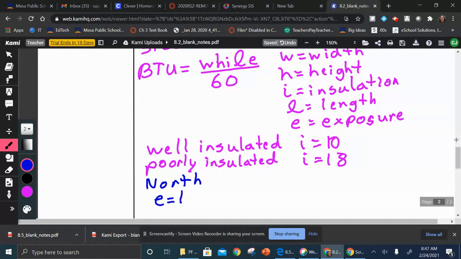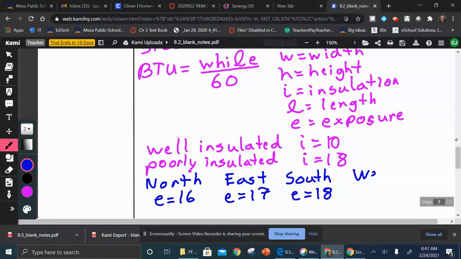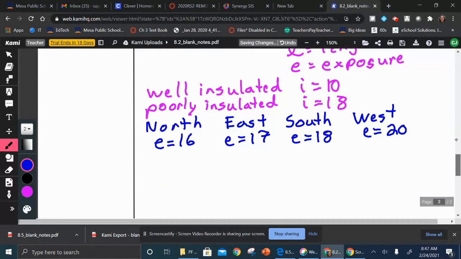If it's facing north, E is 16. If it's facing east, E is 17. If it's facing south, exposure is 18. And if it's facing west, exposure is 20. Okay, so think about where the sun is in the sky, so it's going to have more exposure.